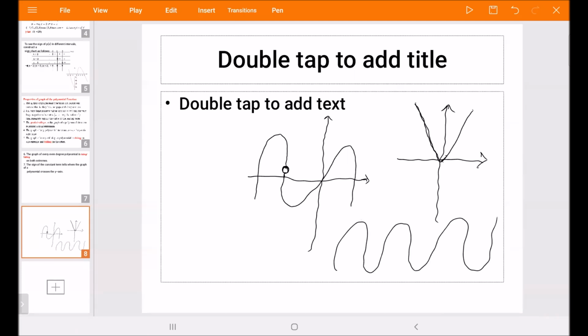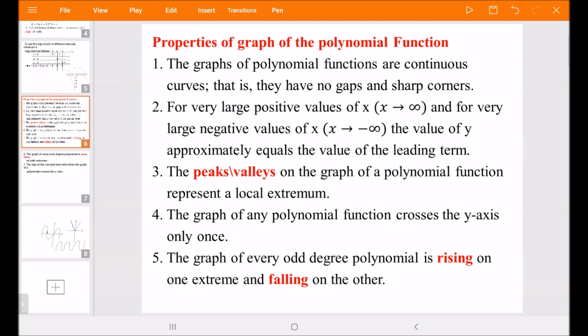So the peaks and the valleys have a U or inverted U shape. So this cannot be a graph of a polynomial. So the first point is the graphs of polynomial functions are continuous curves. That is, they have no gaps and sharp corners.